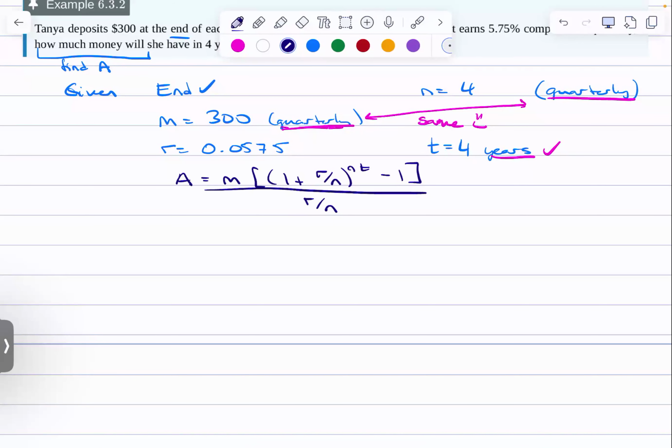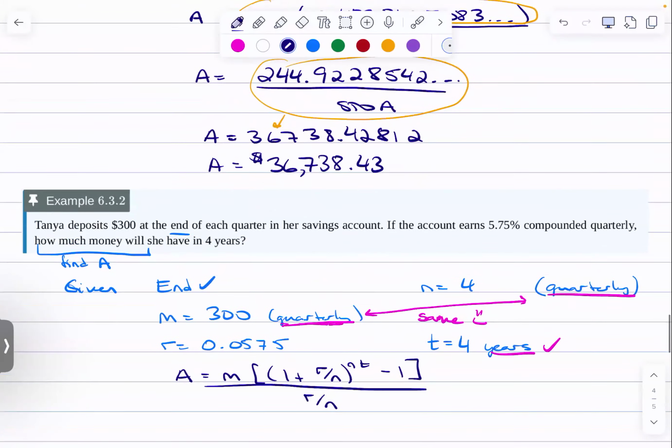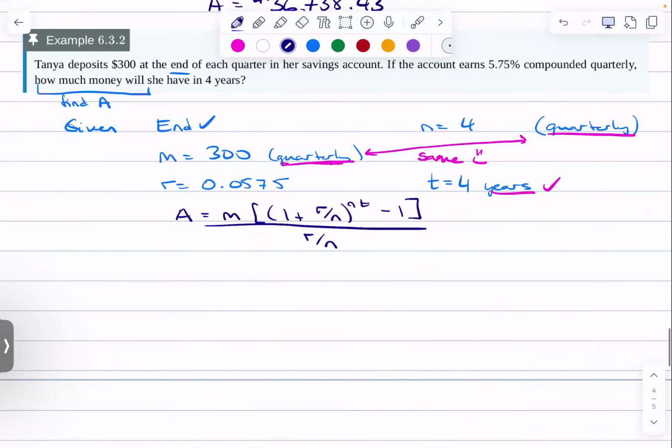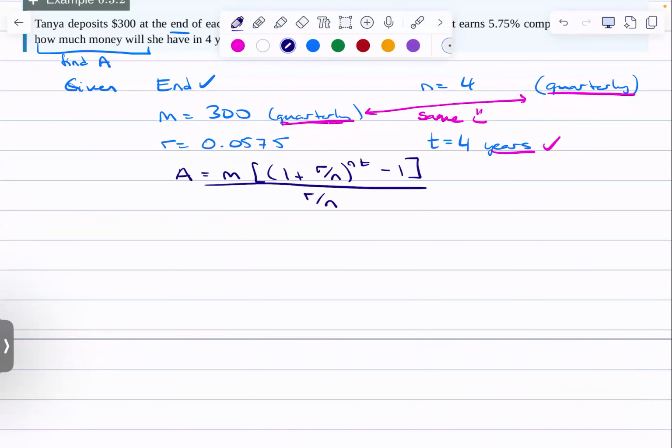Feeling pretty confident about that formula now. Be too bad if I memorized it wrong. It's on the formula sheet. You don't have to memorize it.